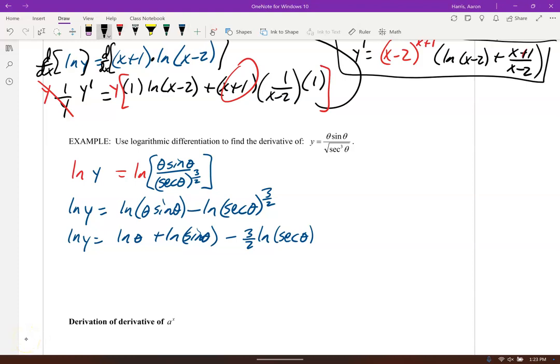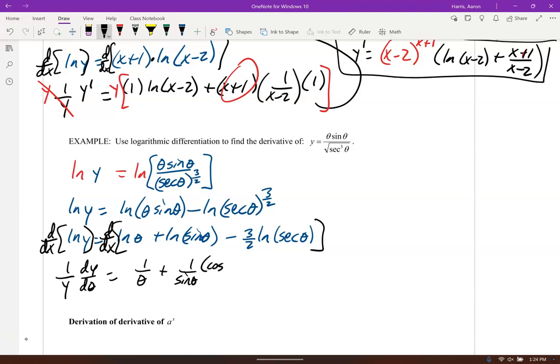Let's go ahead and take this derivative now. So I got 1 over y dy/d theta. Natural log of theta is 1 over theta plus 1 over that sine. Derivative of sine, though, is the cosine. Minus 3 halves 1 over secant. Derivative of secant is secant tangent. And notice the secants cancel.